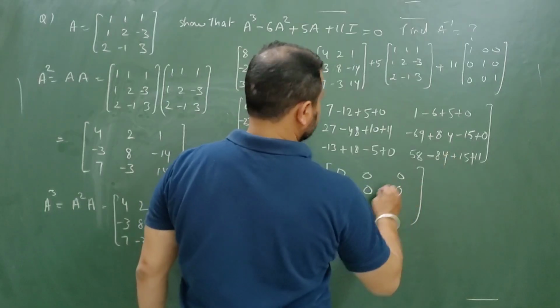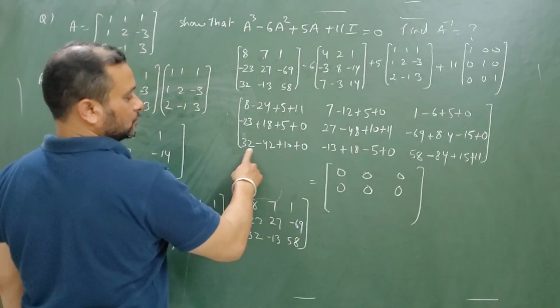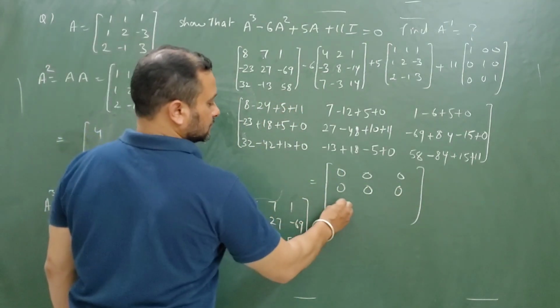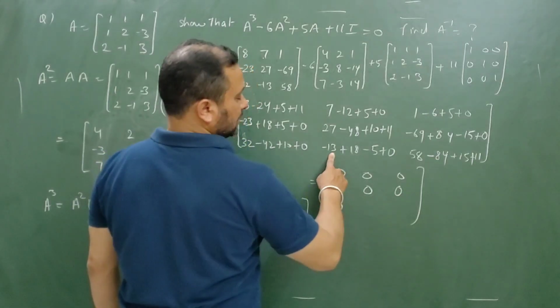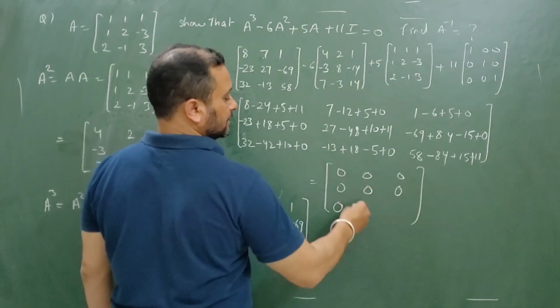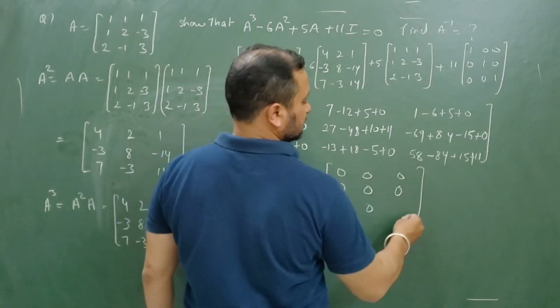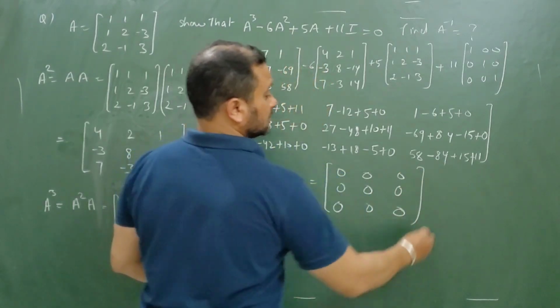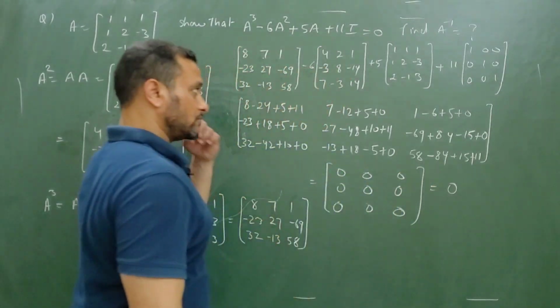The next one is again 0. This is 32 plus 10 42 minus 42 is 0. This is 13 plus minus minus plus 18 and plus 18 is 0, and the last one is again 0. So see, the answer becomes the 0 matrix.